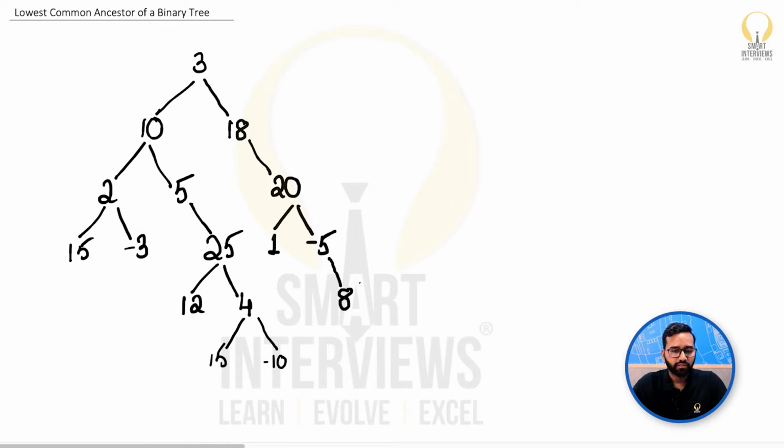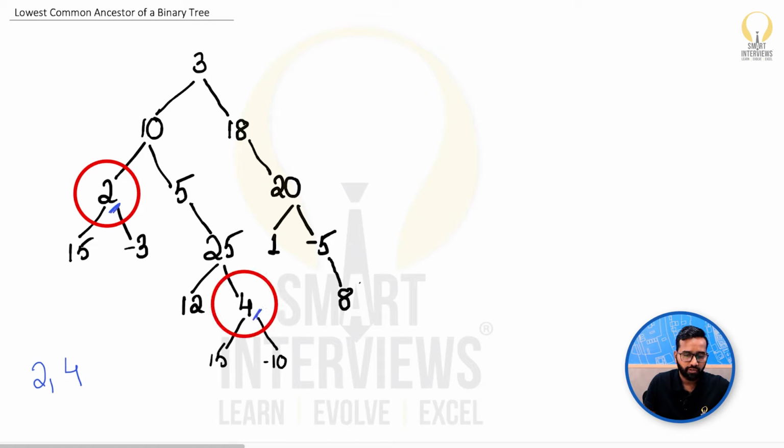Say for instance, you are given this tree in the input, and say the given two nodes P and Q are 2 and 4. Basically, this node 2 and this node 4.